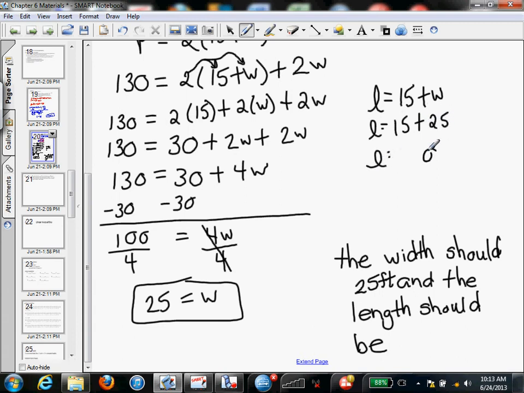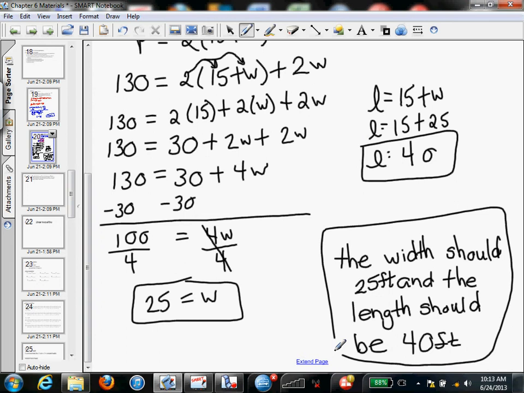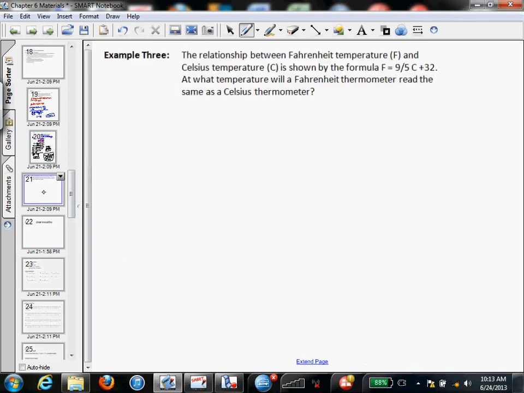And if we add those together, you're going to get 40. So the length should be 40 feet. And that should be the dimension of the fence.